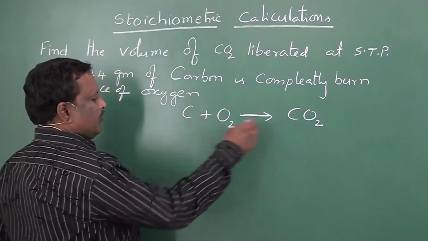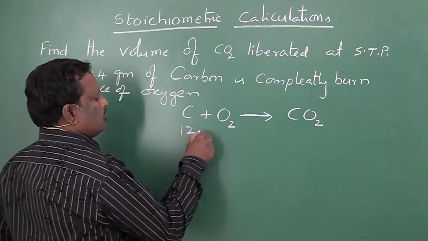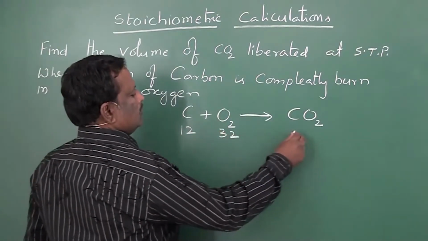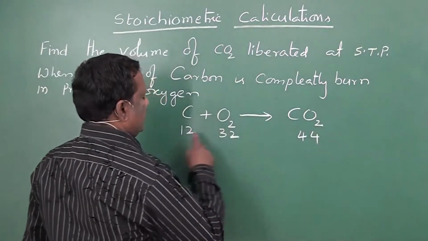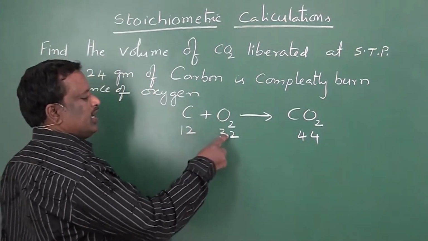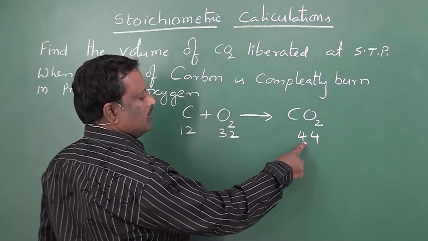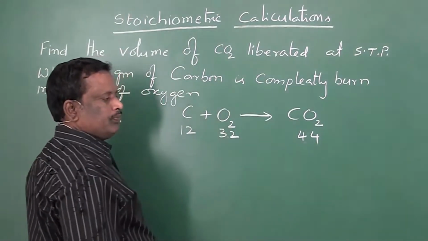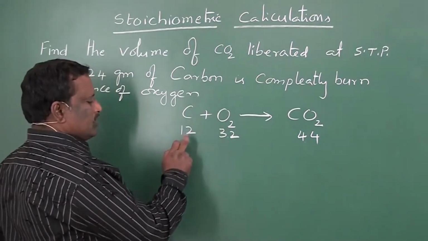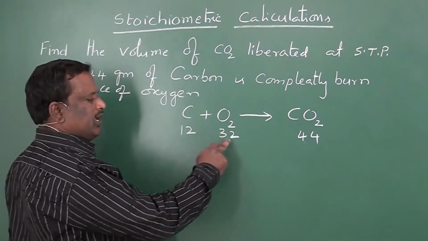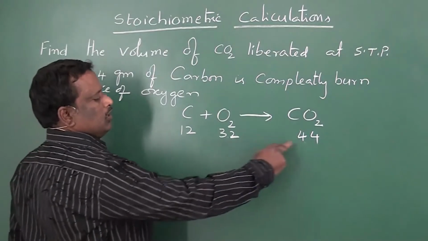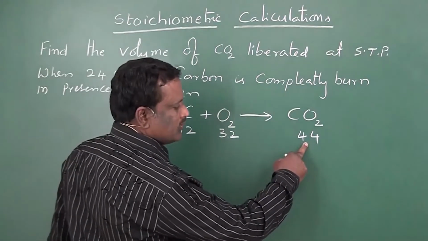Now in the second step, if you substitute the atomic weights, 12 units of carbon is reacting with 32 units of oxygen to give 44 units of carbon dioxide. So here, if 12 grams of carbon is taken, it reacts with 32 grams of oxygen and produces 44 grams of CO2.